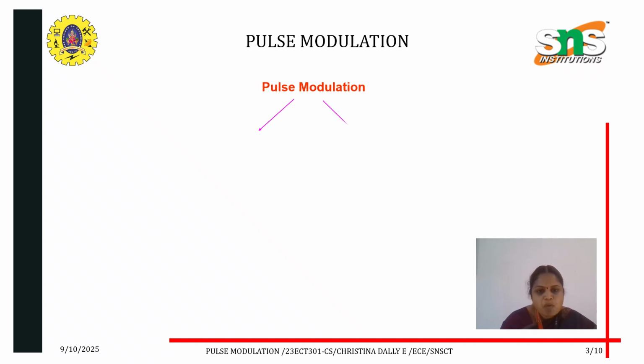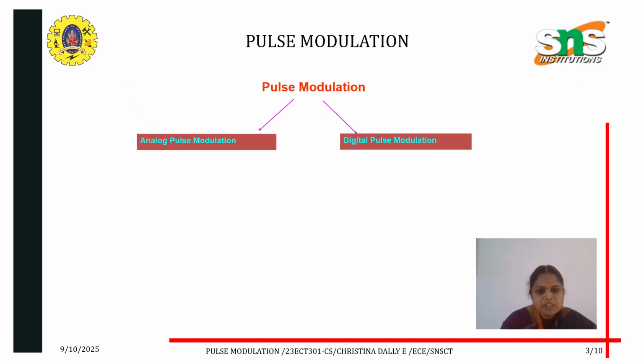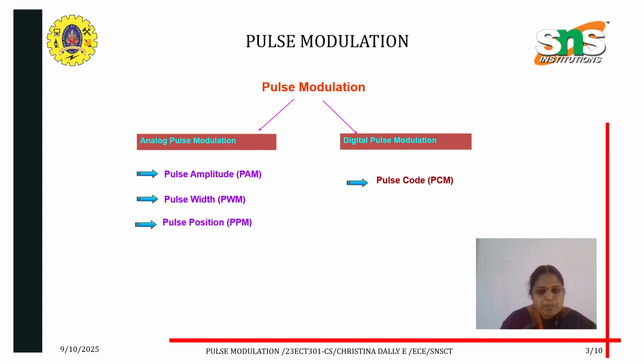There are two types: analog pulse modulation and digital pulse modulation. In analog pulse modulation, we have pulse amplitude modulation, pulse width modulation, and pulse position modulation. In digital pulse modulation, we have pulse code modulation and delta modulation.